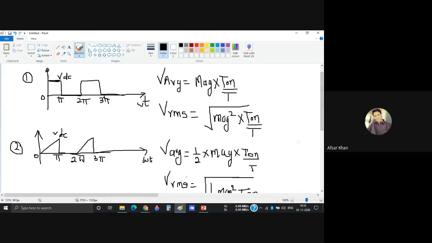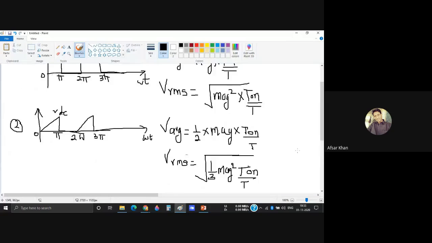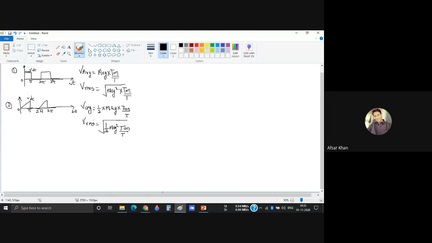So the Cauchy square waveform, where we can see, I will tell you. Just wait. Number 3, another type of waveform is there.